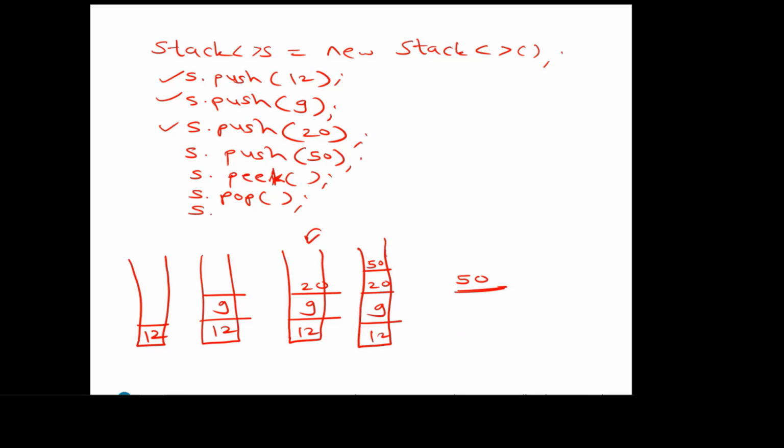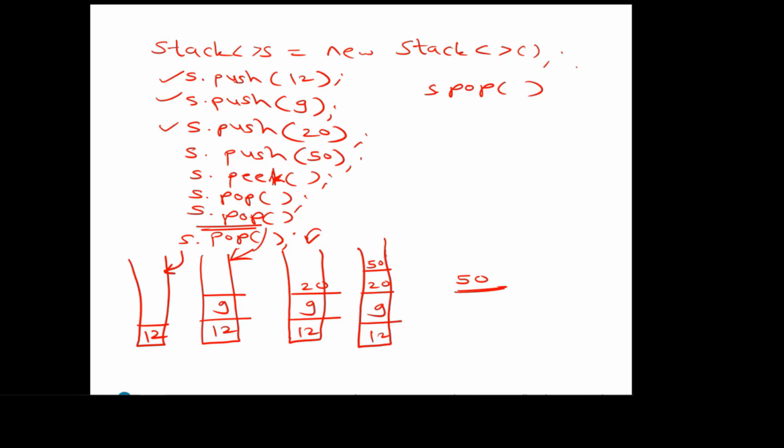The second time, if I say s dot pop, after executing this, my stack will look like this, because now two elements from the stack are gone. And if I do s dot pop again, then I will have a stack similar to this.